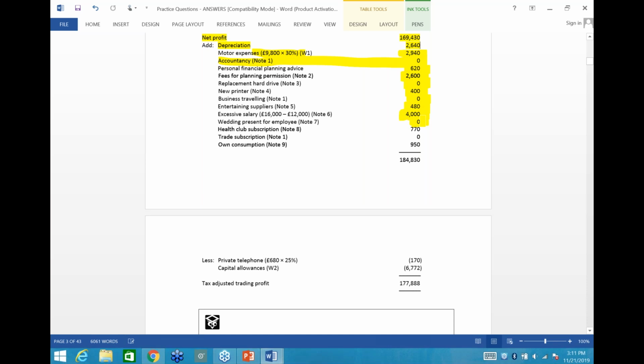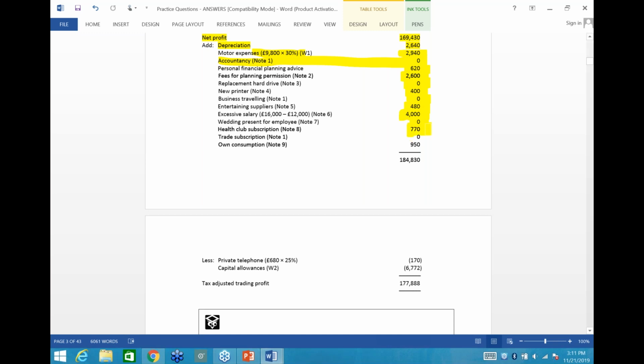You're paying your health subscription. It's nothing to do with the trade that you are running. It's a musical instrument shop. So it's nothing to do with the business that you are running. Therefore, it's not an allowable expenditure. That 770 paid to the health club is not an allowable expenditure, you need to add back.